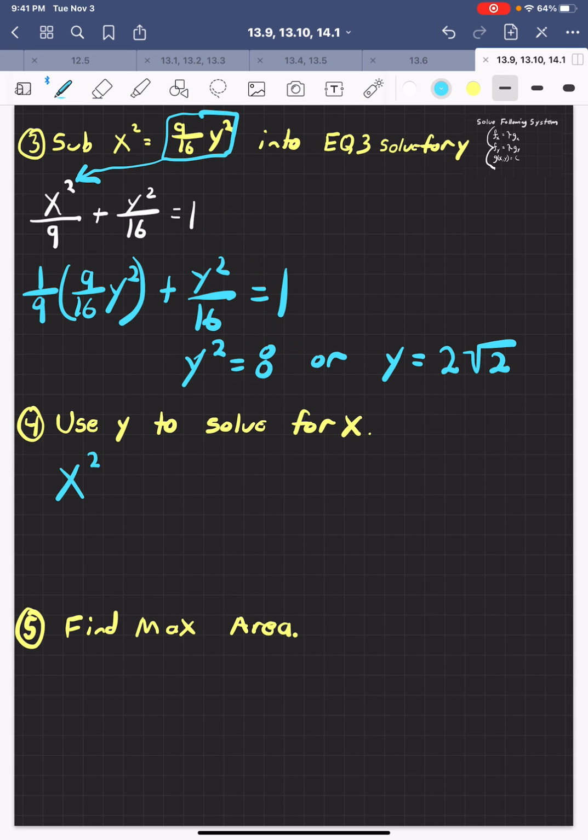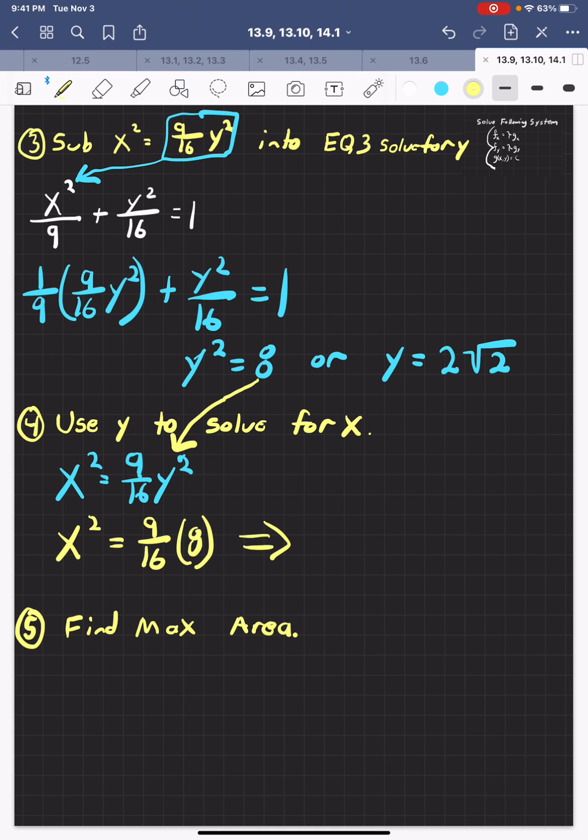So if x squared is equal to 9/16 y squared, let's just plug this 8 in for y squared. So x squared is equal to 9/16 times 8.